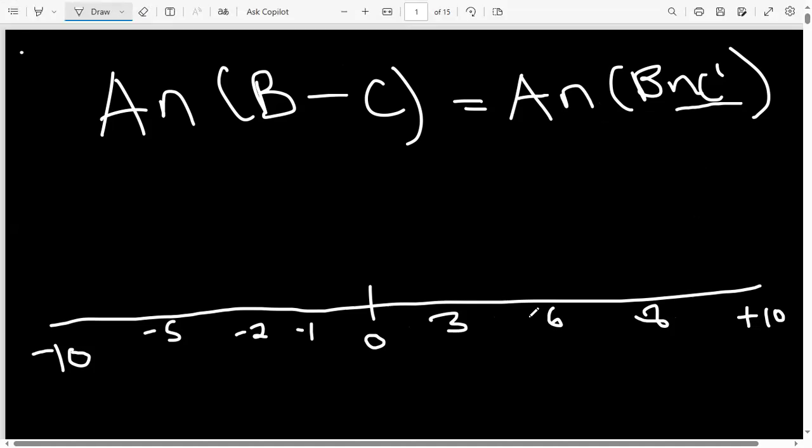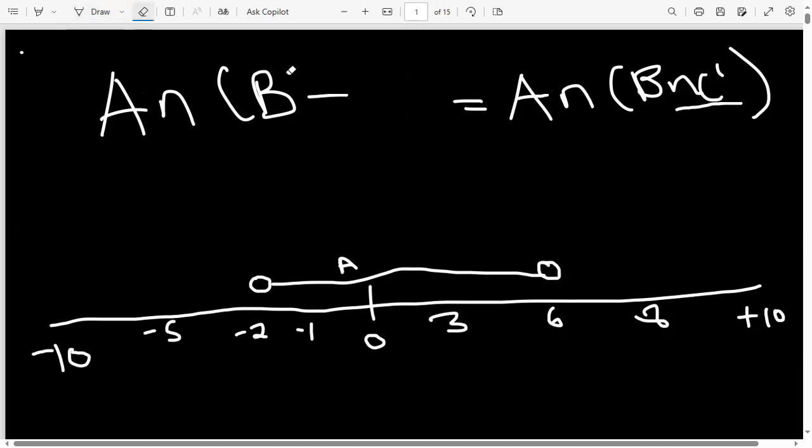So let's plot the set A. A is an open interval from -2 all the way up to 6. So we have plotted A. Notice that at the endpoints I'm drawing an open circle, meaning that this -2 and this 6 are not included in the set A. Let me write the sets somewhere here.